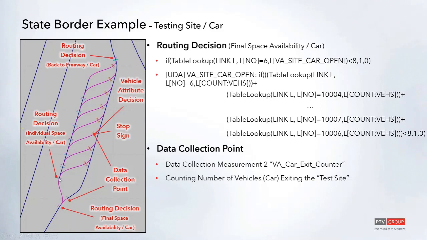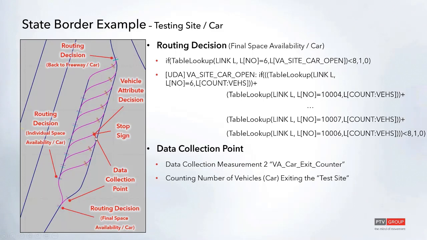As vehicles are entering, you'll see right before each entry point here, we have another routing decision. This routing decision takes a look at the occupancy on this connector. If the connector is occupied, a vehicle will continue on to the next connector, check again, and if it's occupied, it will keep continuing on until it comes to the first available one.